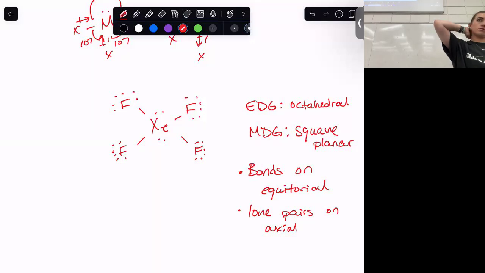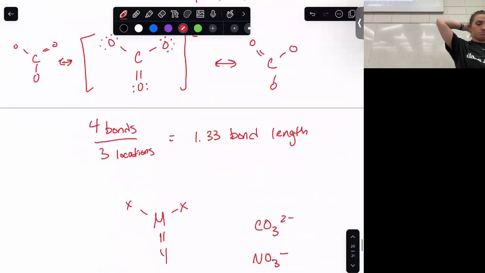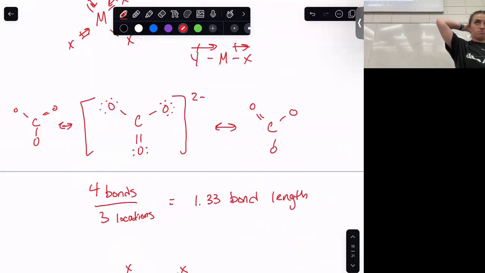That Lewis structure you drew of the carbon and the oxygens, how come you did a double bond instead of just doing a lone pair on carbon?